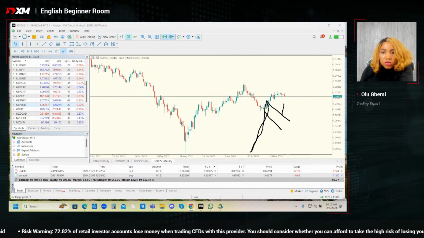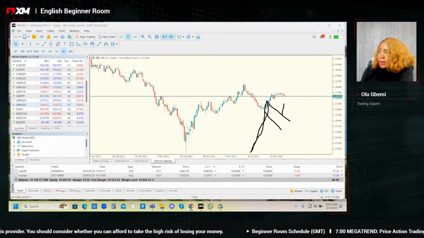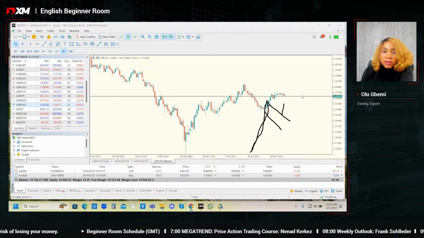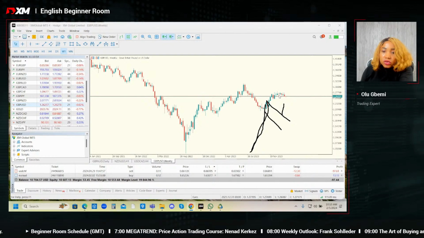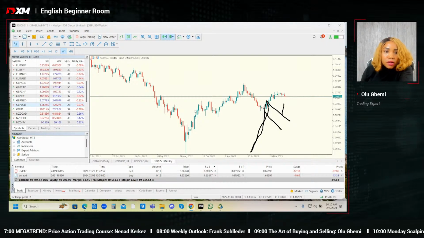So on the weekly, we have a ranging market. The price is in a range, and last week closed like a bearish pin bar, which is more of a shooting star. Usually with a shooting star, you would expect that the price is going to continue to the downside, especially when the market has ranged like this for a while.